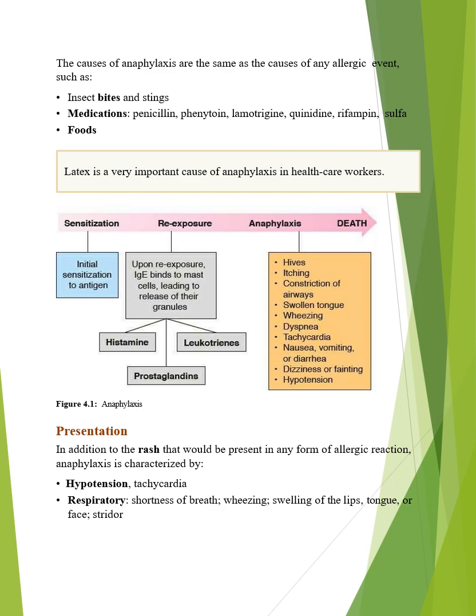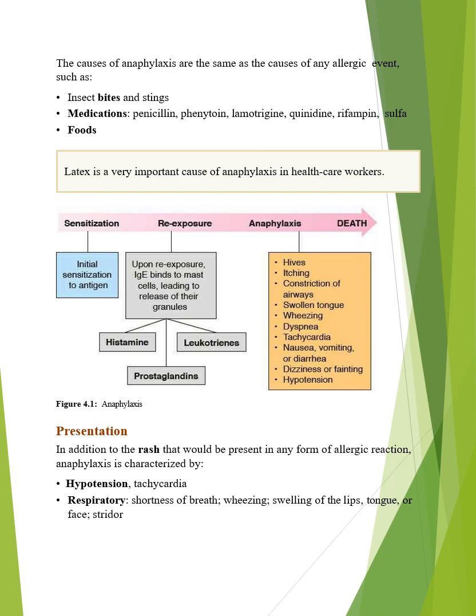And number 3, anaphylaxis presents in several ways: hives, itching, airway constriction, swollen tongue, wheezing, dyspnea, tachypnea, nausea, vomiting, diarrhea, dizziness and fainting, hypotension. And the last one is death.